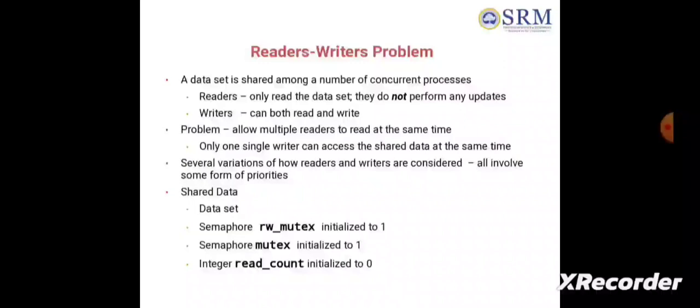Whenever the writing operation is carried out by the writer process, it enables a mutual exclusion using read-write mutex, and after the completion of writing operation, it gives the signal on the semaphore so that the next writer can modify the data. The second semaphore, mutex, is used by the reader process whenever the read count variable is going to be updated by the reader process.